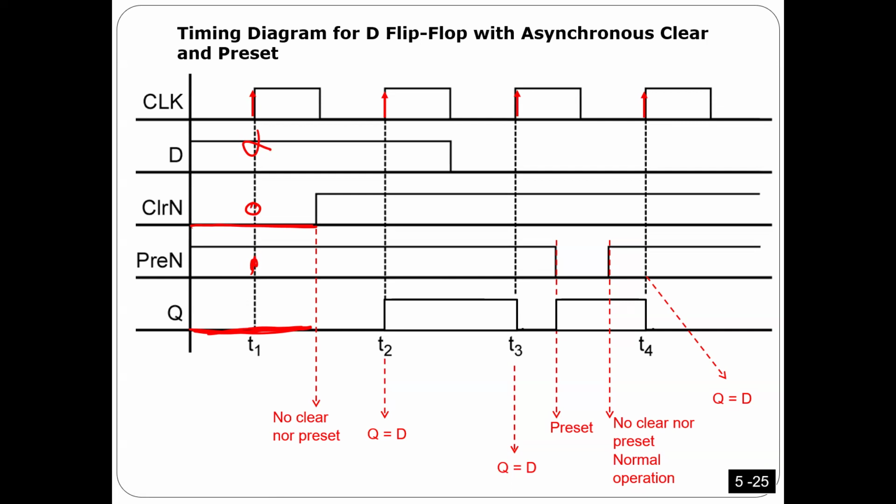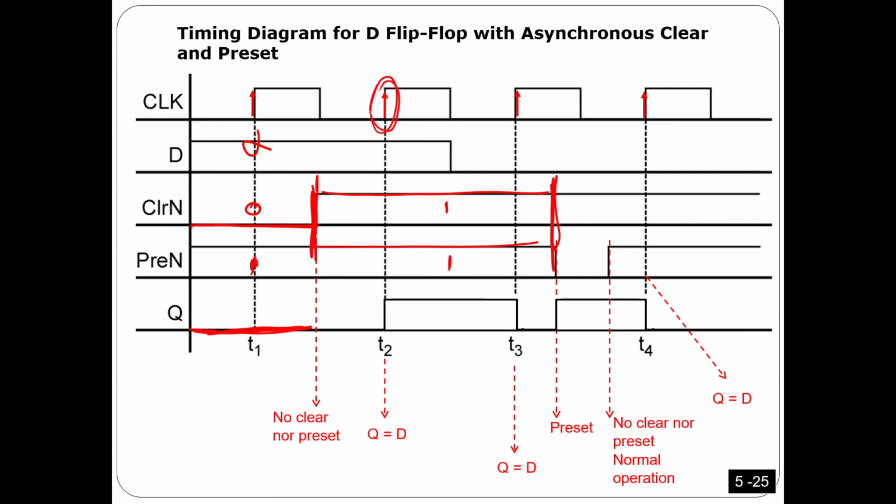Okay, that's fine. Now this one is 1 and this one is 1. So this part from here to here, because it is 1 and 1, is the normal operation. You can see here this one is high, 1, and clear is 1 also. Now it's a normal operation.